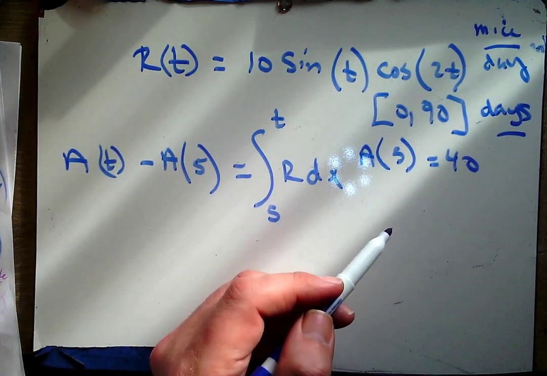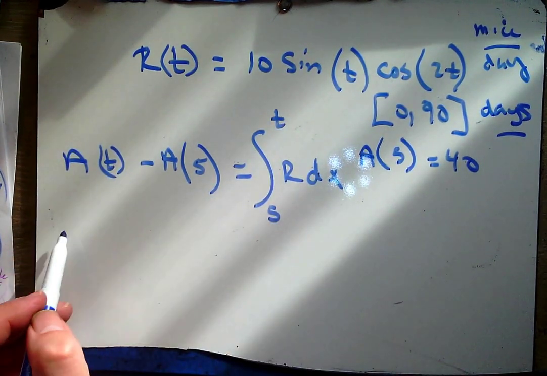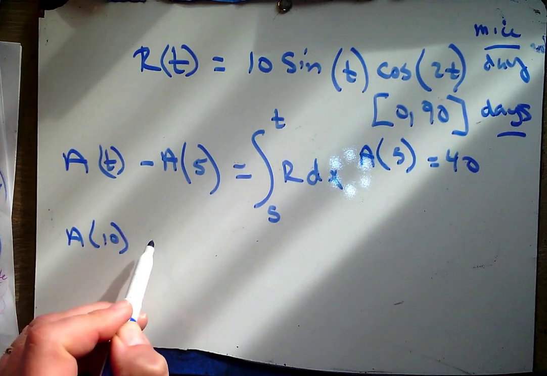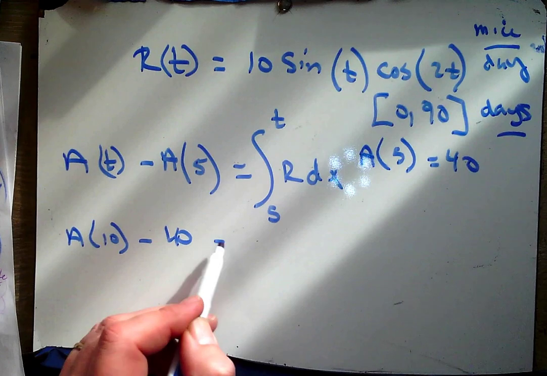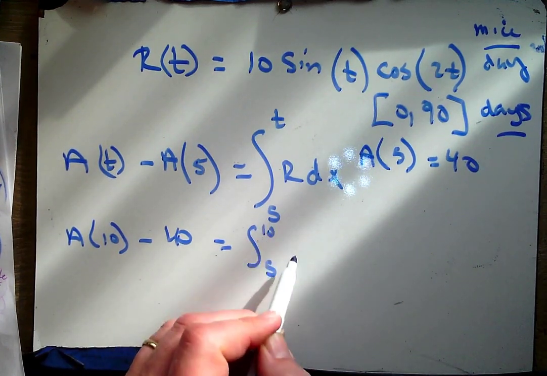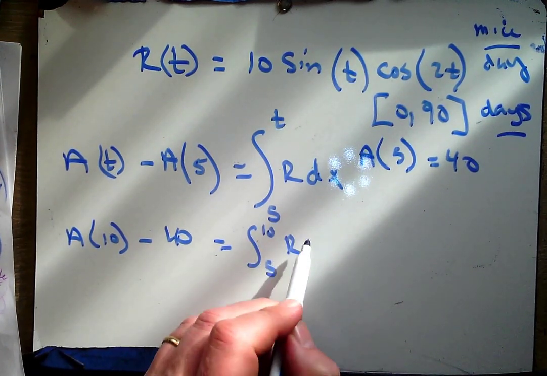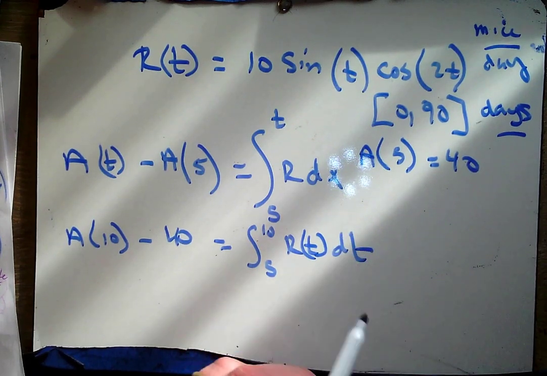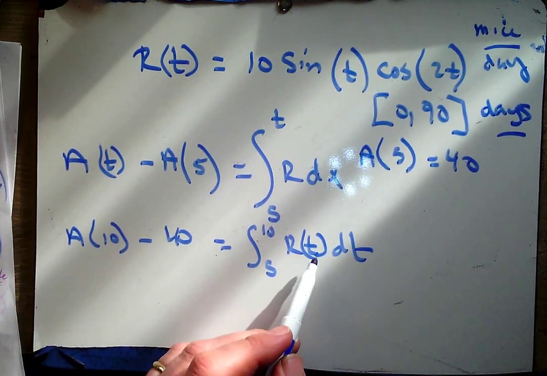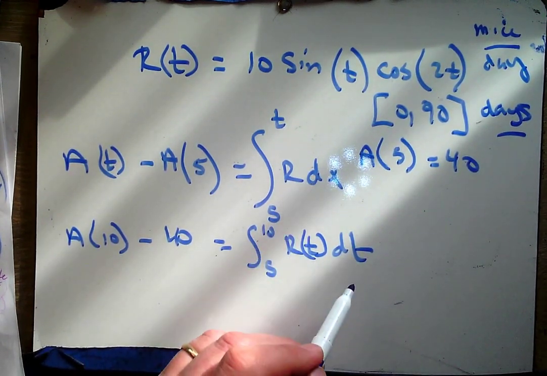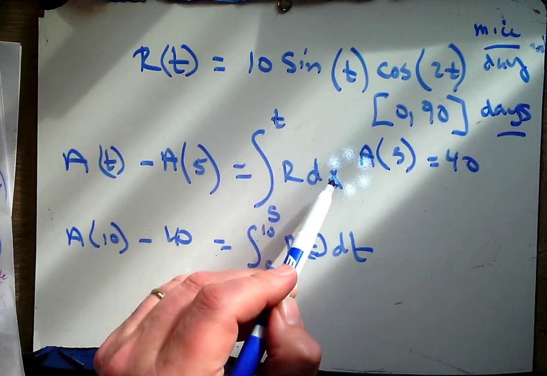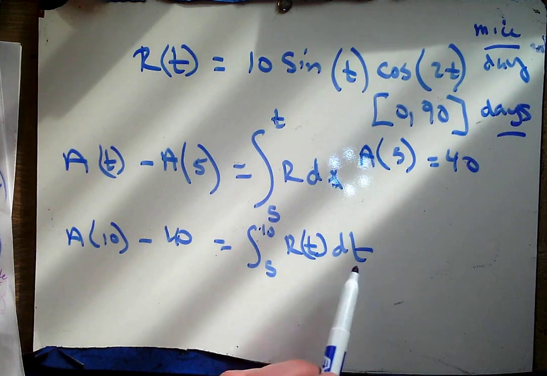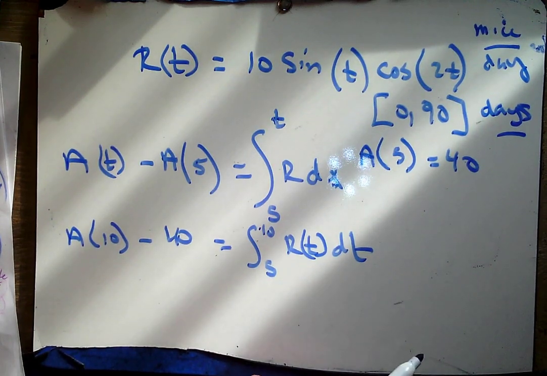They want to know how many mice there are after 10 days. So that's A of 10 minus A of 5, which was 40, equals the integral from 5 to 10 of r of t dt. Yes, I did just switch from x to t. Why? Because these can't be the same. And now that I have a number there, I can go back to talking about t's here.